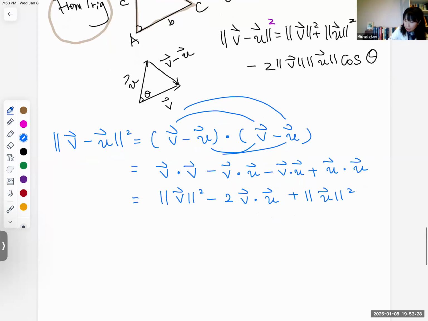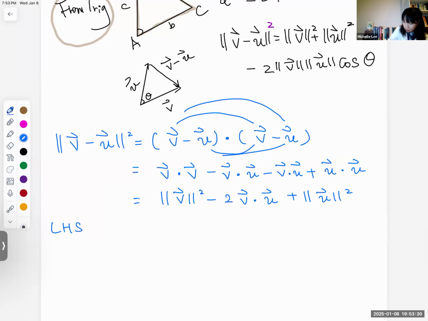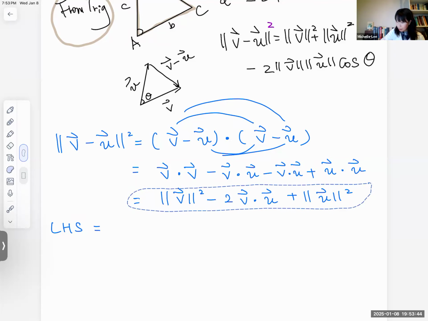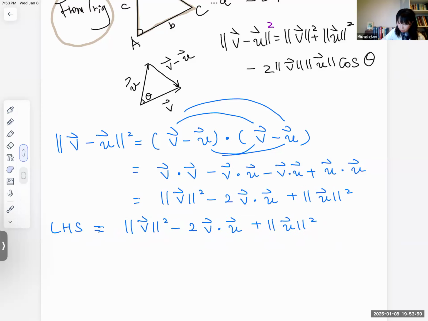Okay, so the left-hand side equals, let me just copy this one, the magnitude of v squared minus 2 v dot u plus the magnitude of u squared, right?